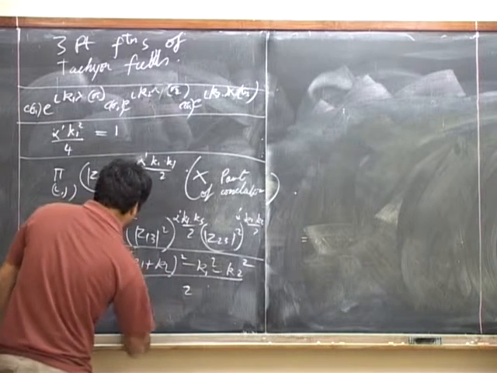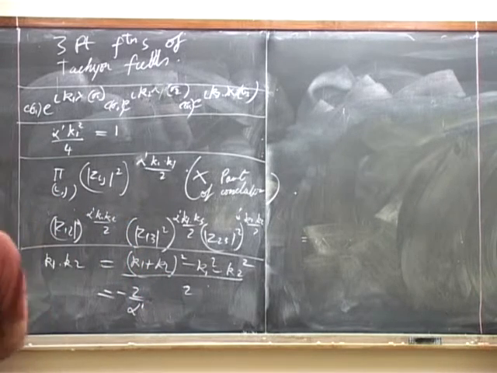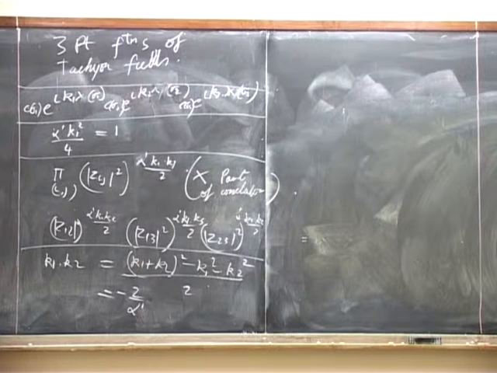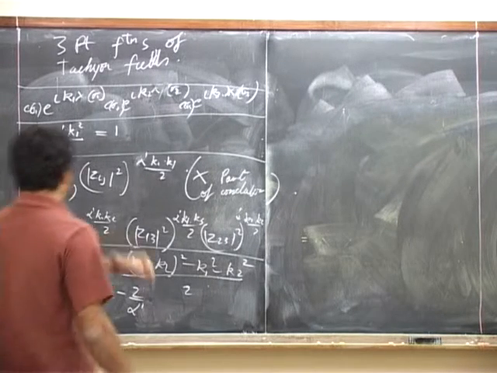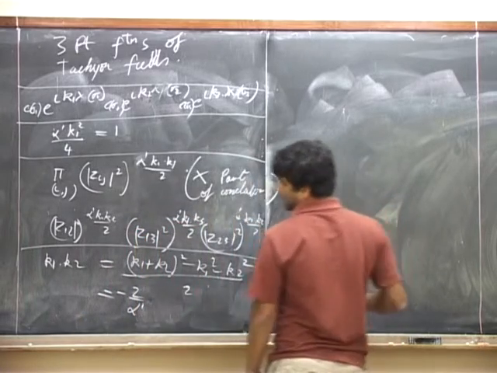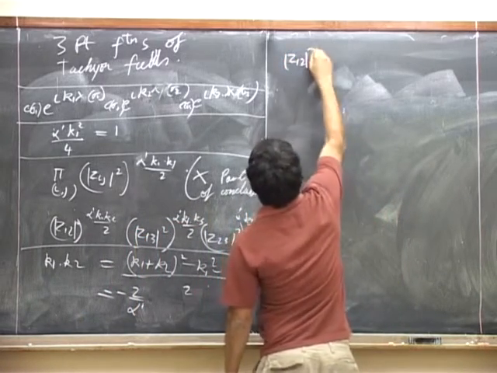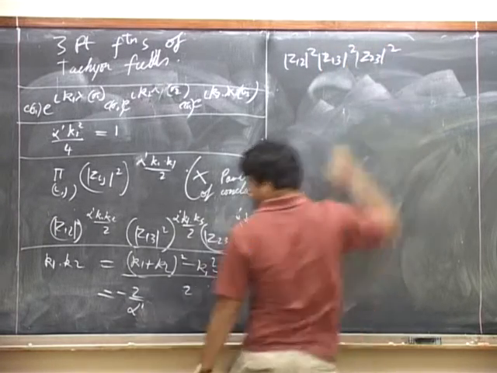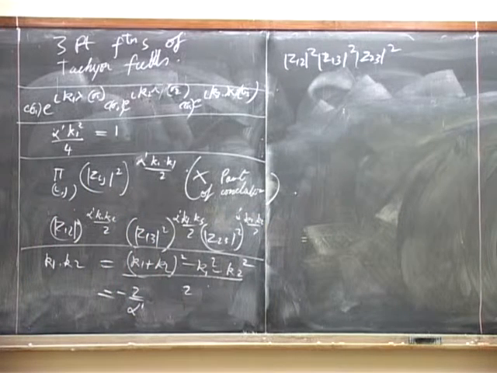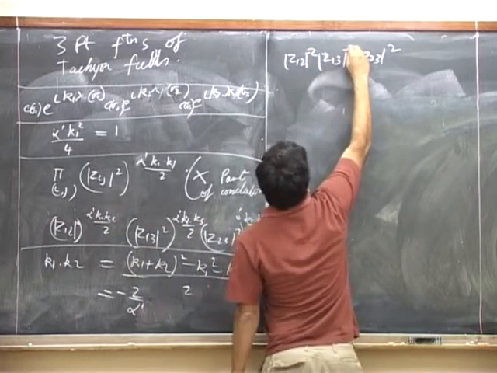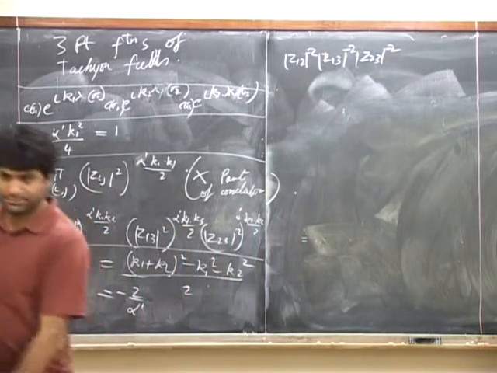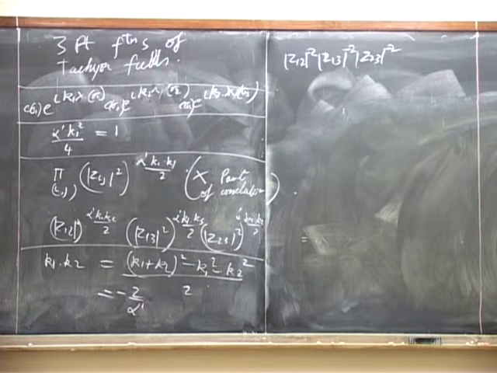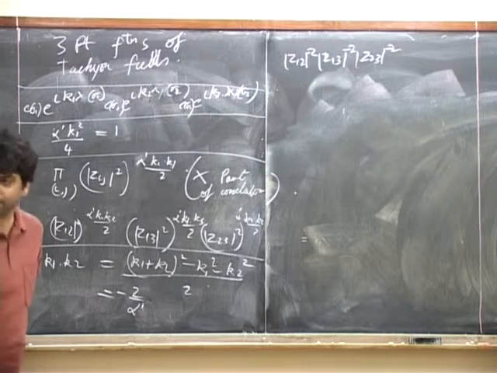So alpha prime k1 dot k2 by 2 is just minus 2. So this answer here is actually very simple. It's mod z12 squared, mod z13 squared, mod z23 squared, to the power minus 2. Is this clear?